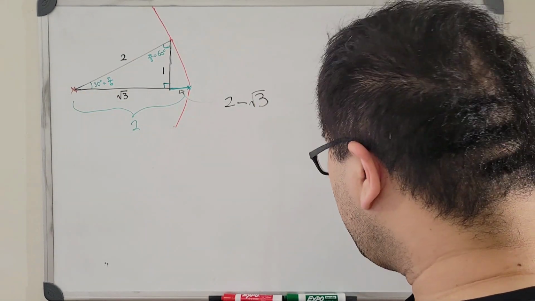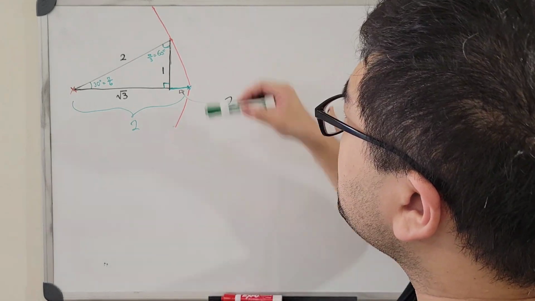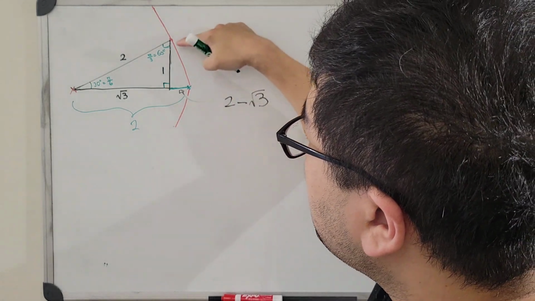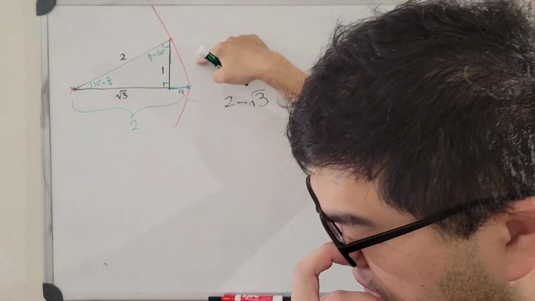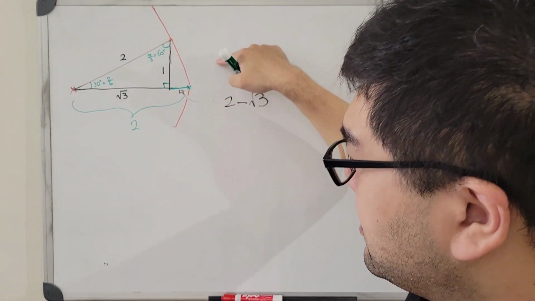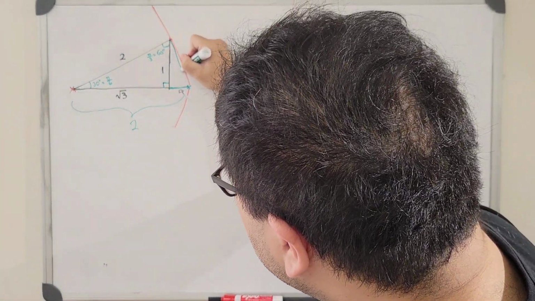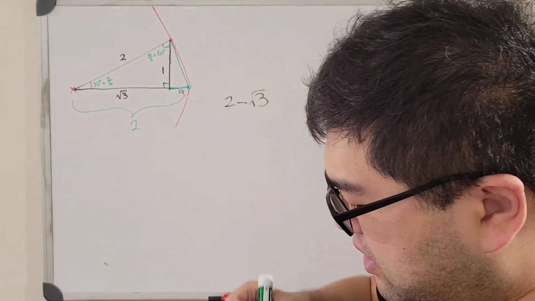Good. Then with this new point, we can draw a straight line. Keep in mind, this red part is not a straight line; it is part of the circle, an arc. So if we draw a straight line, we'll get something like this.